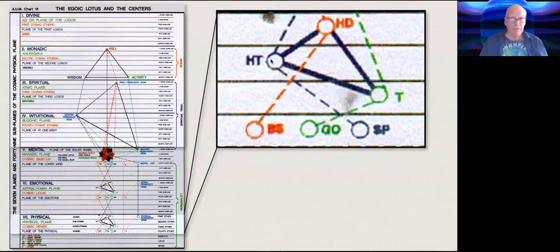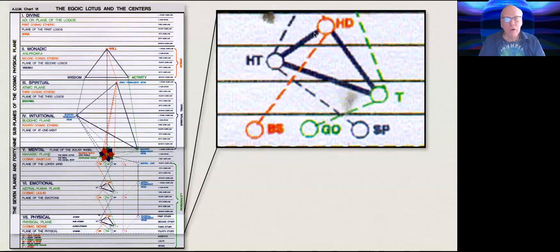You have Venus given for the heart, and this may just be at this time. This may not be the final heart center of the solar logos, but at this time, it's active in that way. And then Saturn is here, the throat center. And then these are not given, but these are three other planets that represent centers in the solar logos.